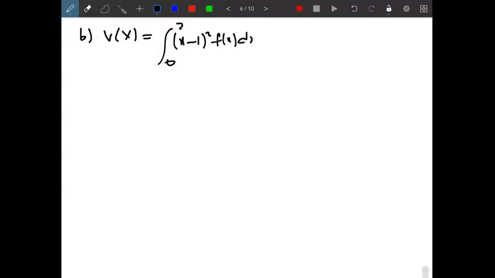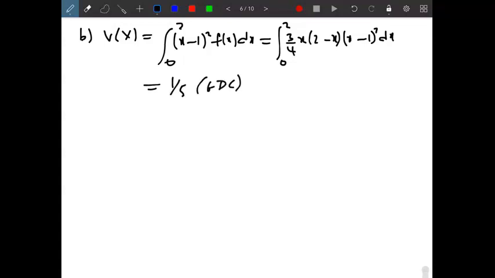Again, you replace f of x and you can evaluate your integral using your GDC. So it's 3 over 4 x times 2 minus x, that's f of x, times x minus 1 all squared. So using your GDC, the variance turns out to be 1 over 5. So that's using the GDC.